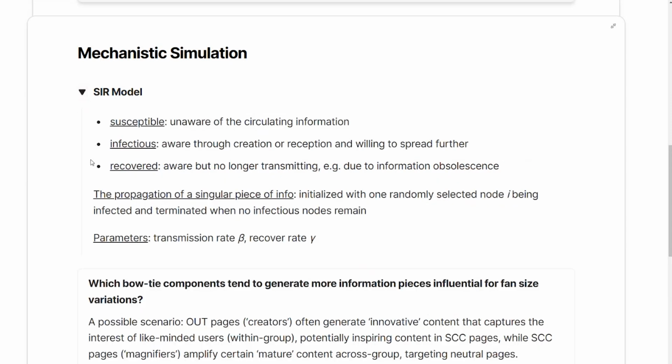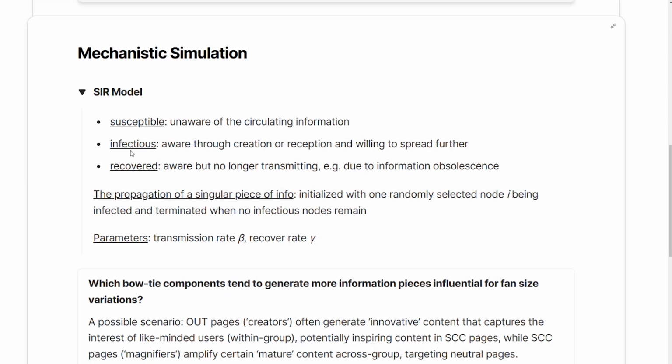I have a brief explanation for the SIAM model here. I don't know whether I have enough time to explain it, but the basic idea is that for a single piece of information flow, we start it from a specific page. We start with only the initial page infectious, and then we let it flow until all the pages are recovered, which means the information is aware but no longer transmitting.